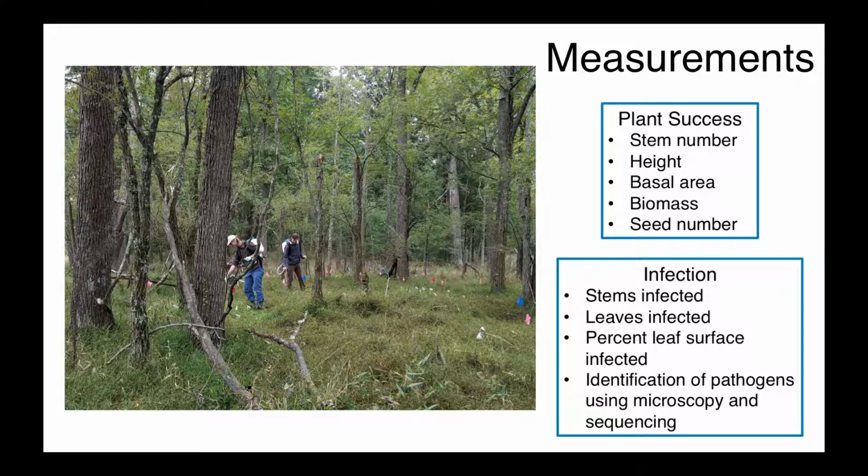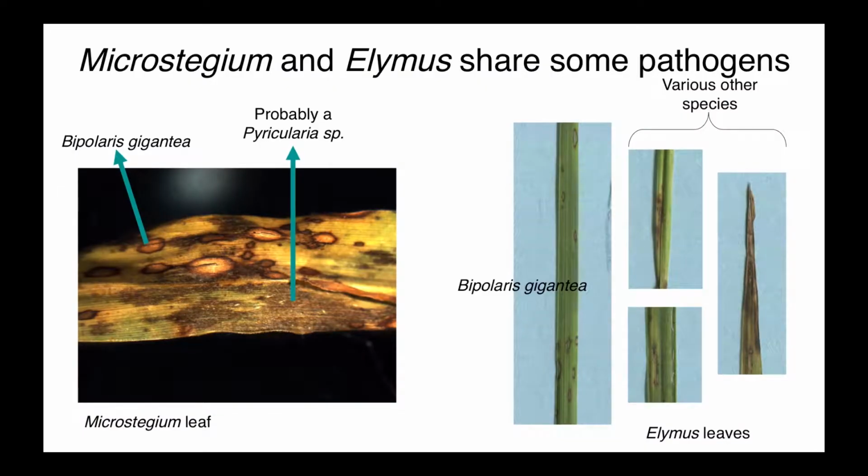And then for infection, we did some coarser measurements, like the number of stems with infection and leaves with infection, and then we scanned leaves for surface area that's infected. And then we're also using microscopy and sequencing to identify the pathogens, or my collaborators are doing that work.